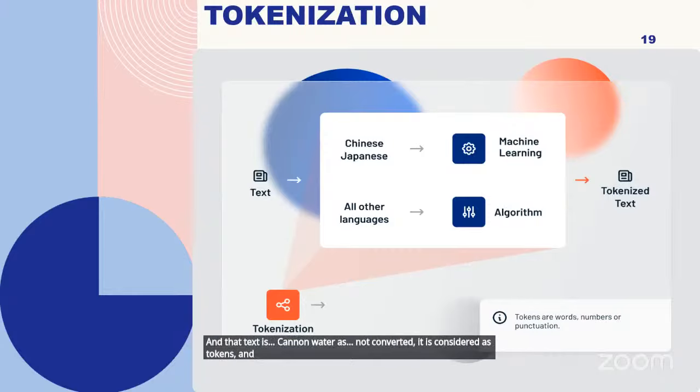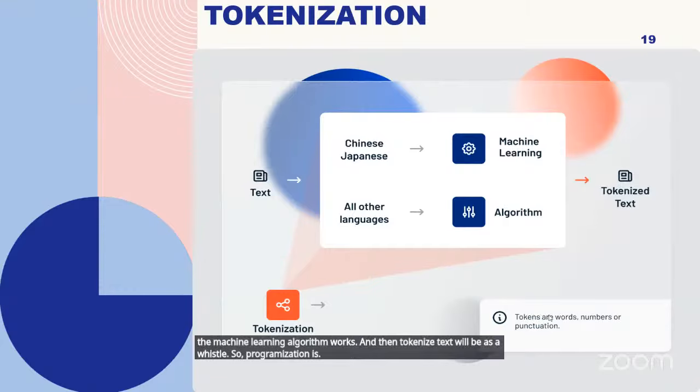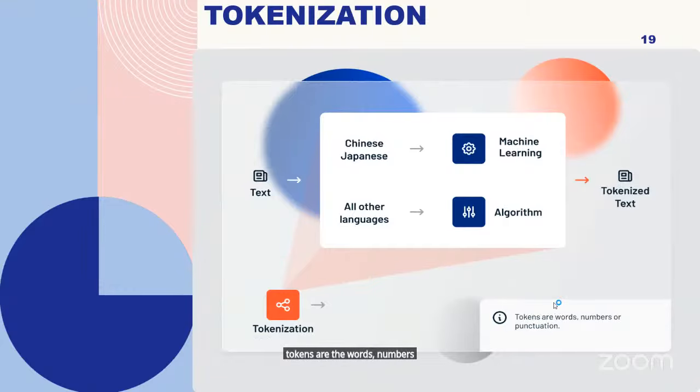Tokens are words, numbers or punctuation marks given along with any kind of text, which you will call tokenized text. So the first step is giving a text. The second step is tokenization. The machine learning algorithm works, and then tokenized text is the result.